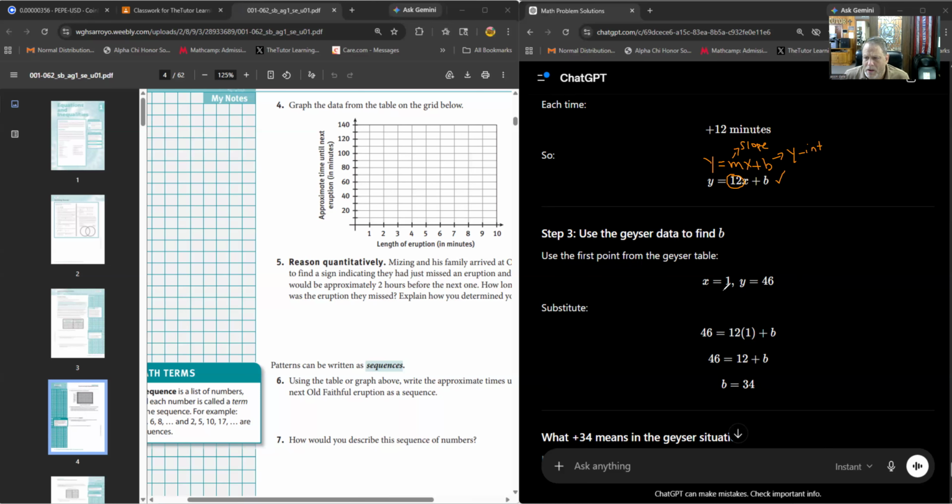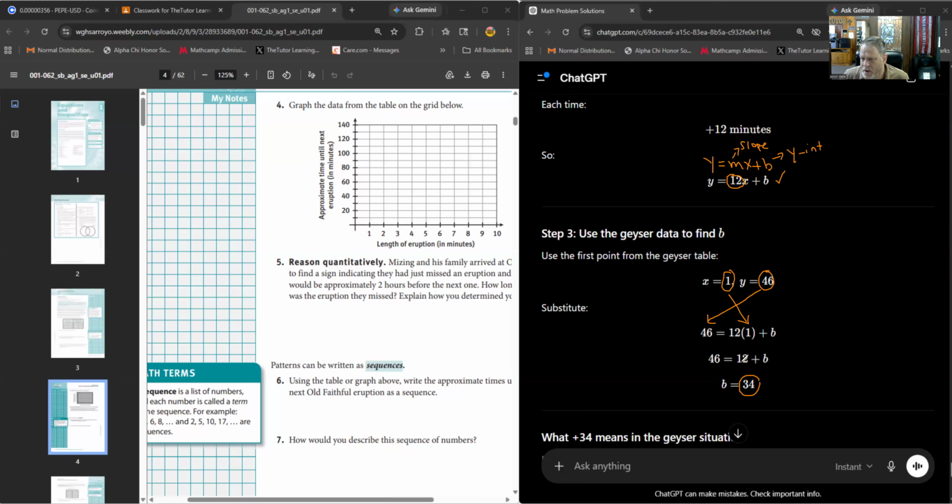So we'll use the first point for the geyser. So we're going to insert 1. Remember 1 and 46? All right, on your chart up above. Right. So we're going to replace the x with 1 and replace the y with 46. Okay. And that's how we got our 34. So B was 34. That's how we got that. Does that make sense?